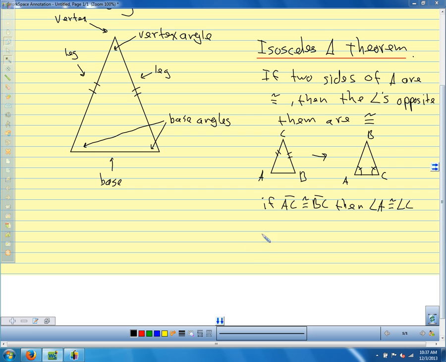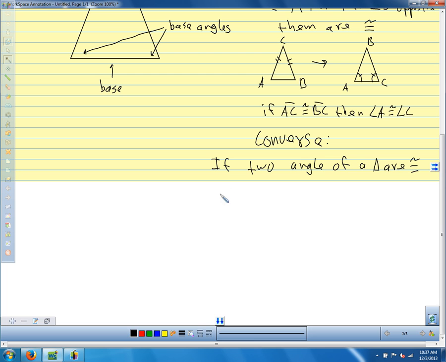So the converse is true also. If two angles of a triangle are congruent, then the sides opposite them are congruent.